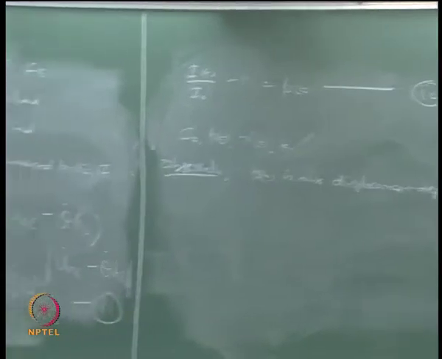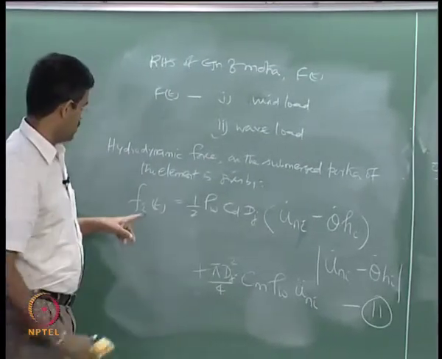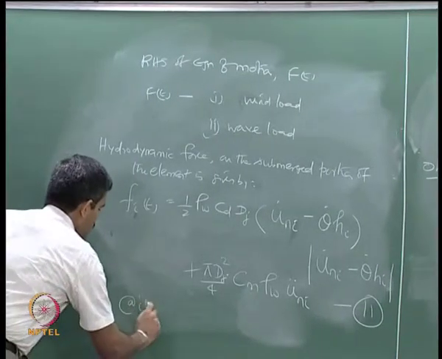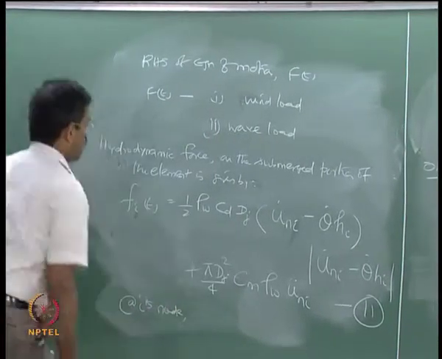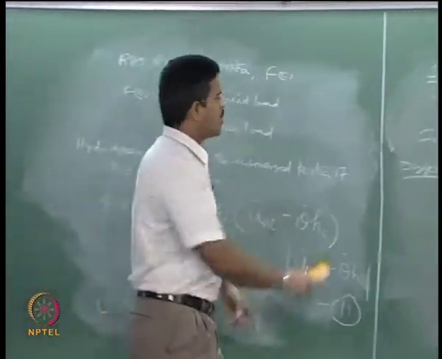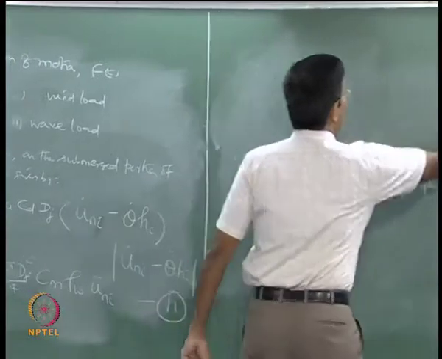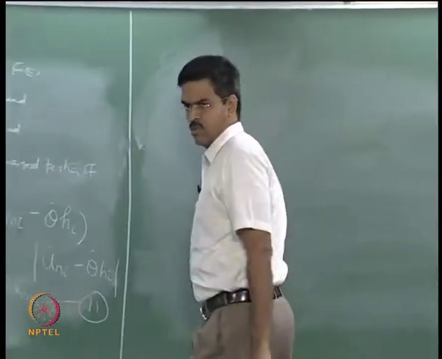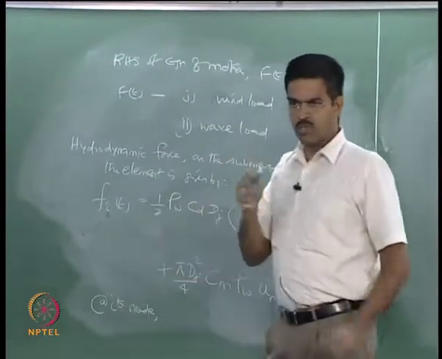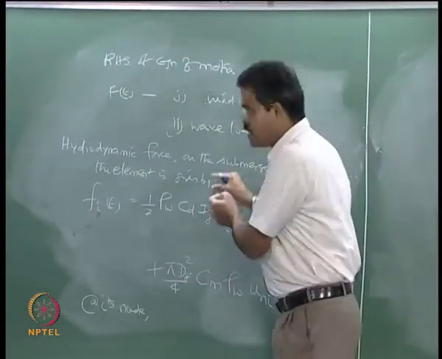We will quickly explain what it is, but I want to write one more equation. This is at the ith node. Now, at the ith node, the force per unit length is given by this. I want to write the same algorithm for the (i+1)th node. I am talking about two nodes, the ith node and the (i+1)th node. So, the jth element is between these two nodes.